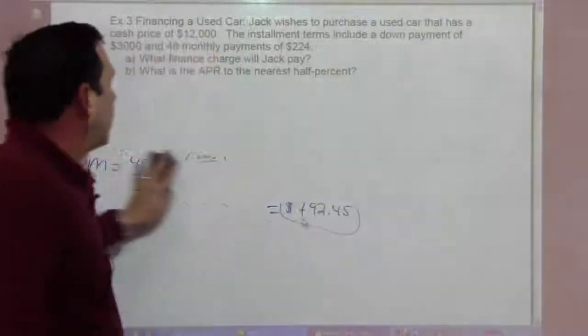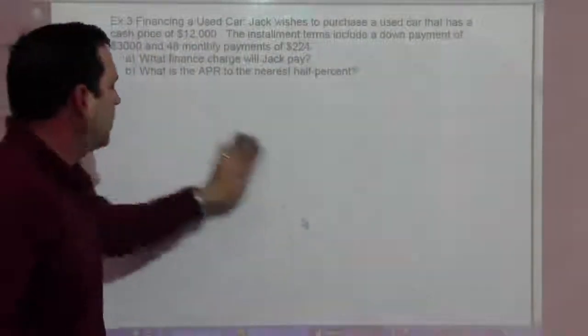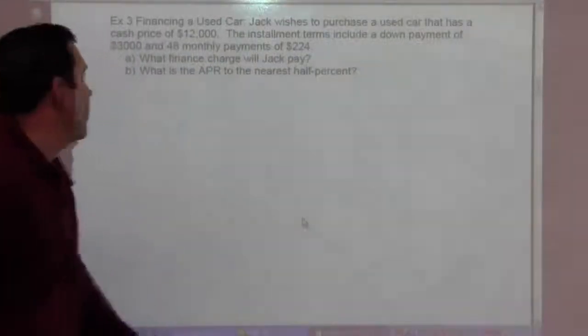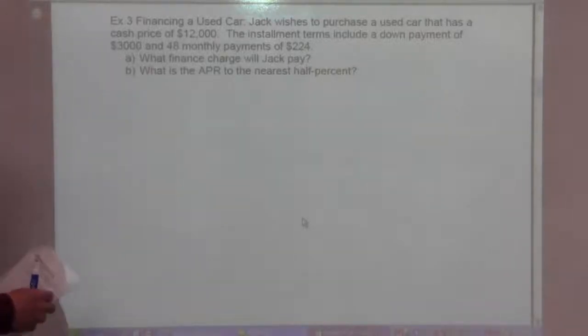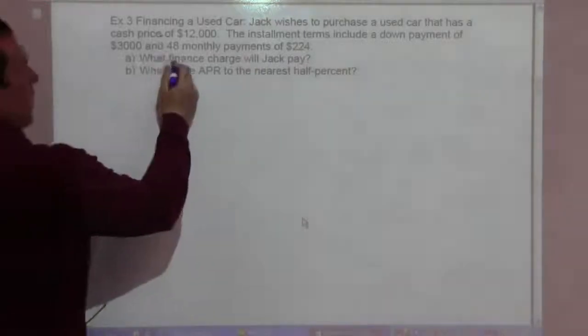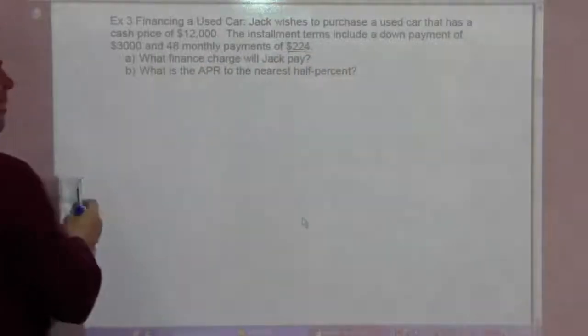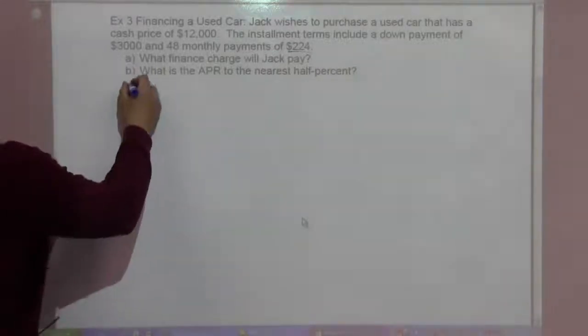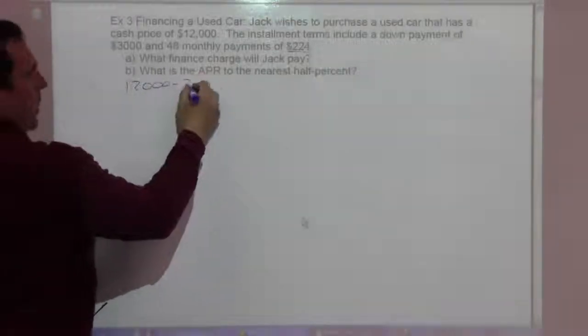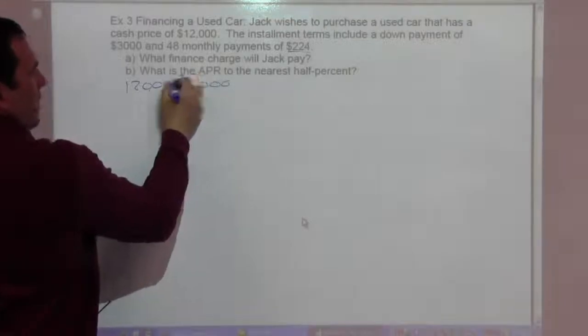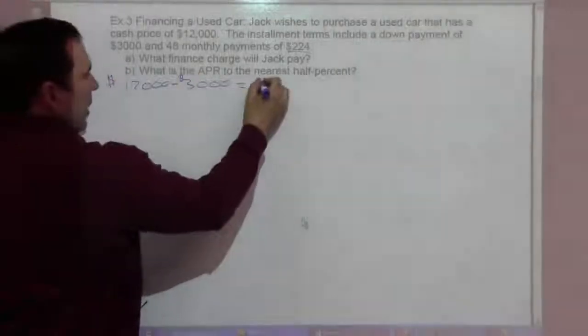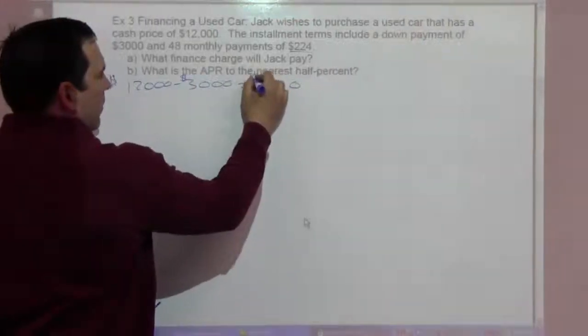Okay, financing a used car. Jack wishes to purchase a used car that has a cash price of $12,000. The installment terms include a down payment of $3,000 and 48 monthly payments of $224. So what finance charge will Jack pay? Well, it was $12,000 and he paid $3,000 down, so he's borrowing $9,000.